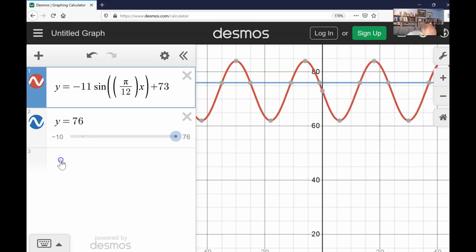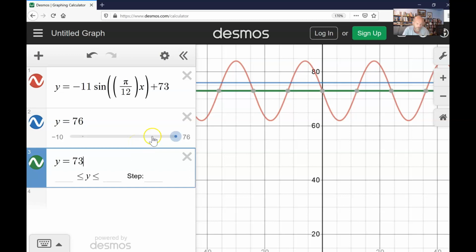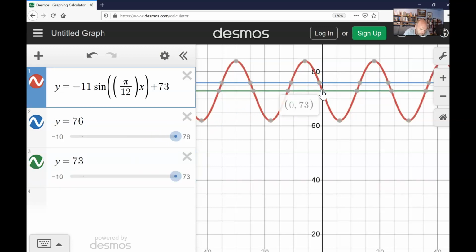So let's put in y equals, what was the center, 73? Yep, 73. If we click on that one, it's negative 1.055 away from the center. That means this one would be 1.055 away from the center.